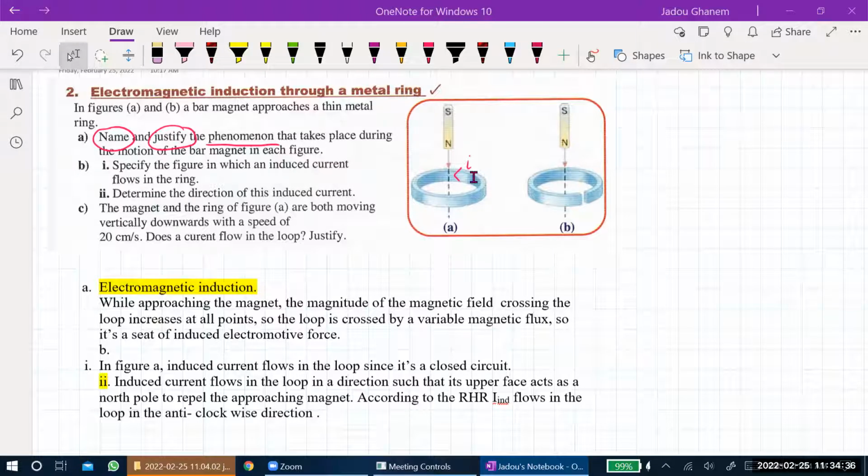I will wait some seconds for the rest to send me your answers concerning part C. I received some of the answers from Rayyan, Shireen, and Kamal.